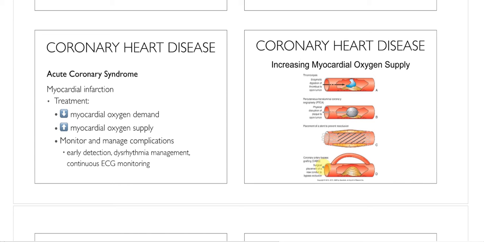And sometimes the clot can't be fixed in any other way, so they have to do a coronary artery bypass grafting, where they literally take a bit of vasculature from somewhere else and tie it around the clot.